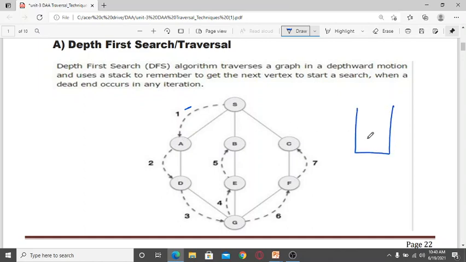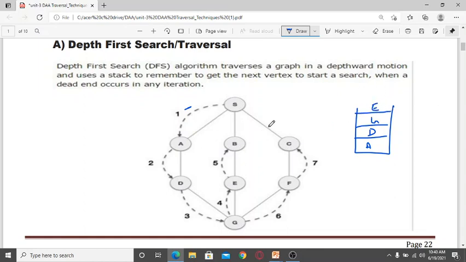From S to A, A to D, D to G, and from G to E, and it can also go G to F. I am doing G to E first.